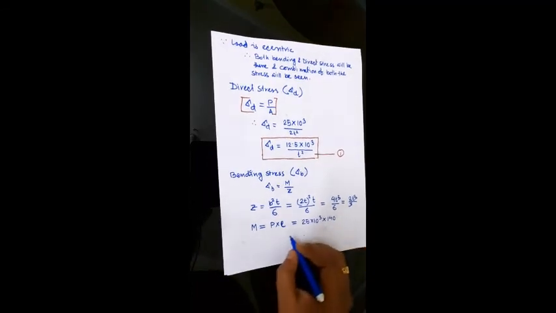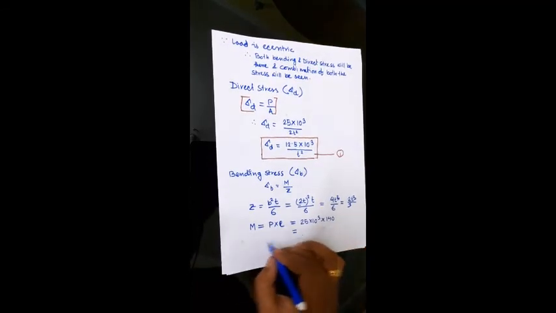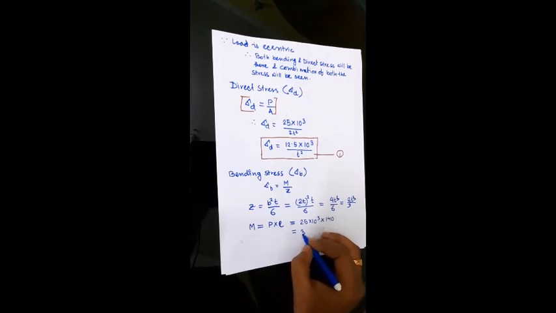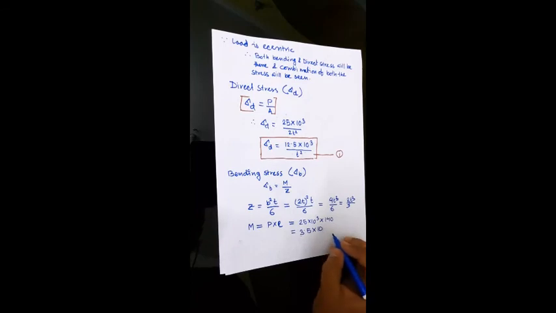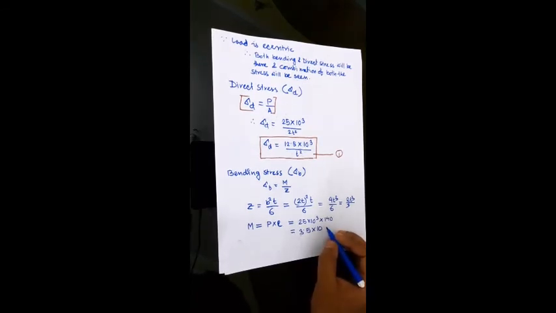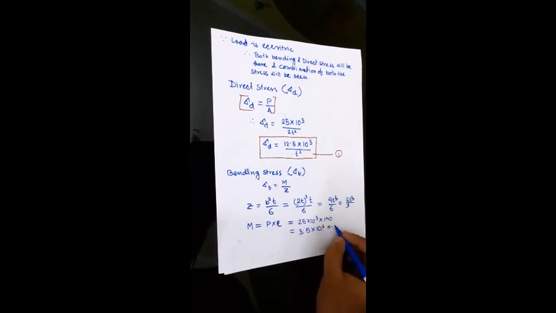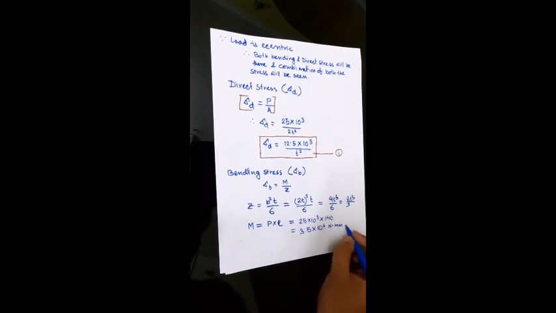So if we multiply this, the M value comes as 3.5 into 10 to the power 6 Newton millimeter. So this will be your value of M.